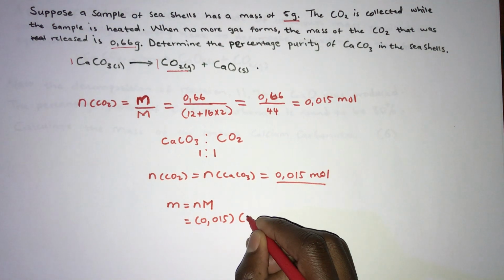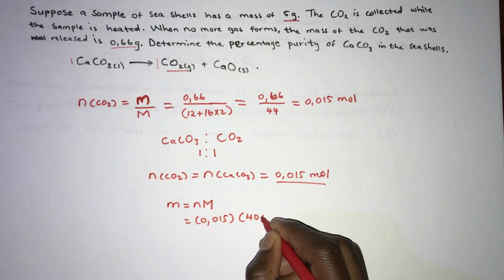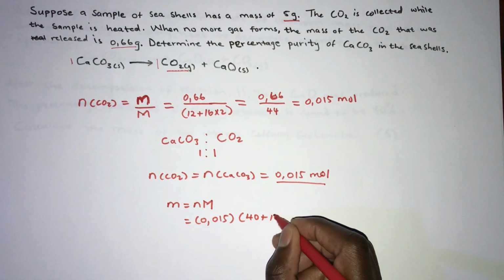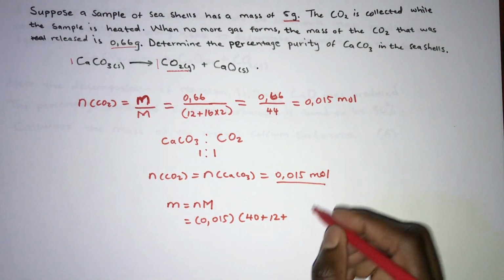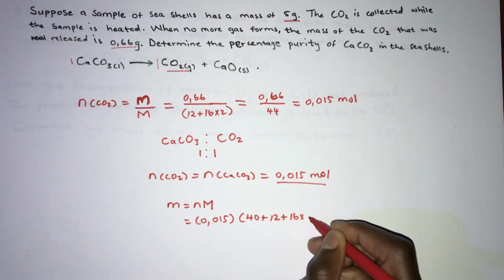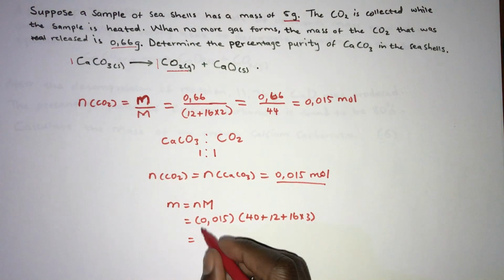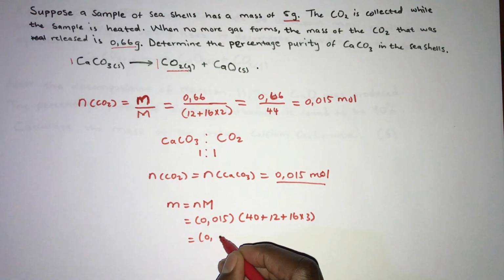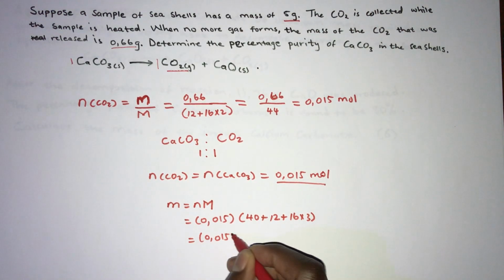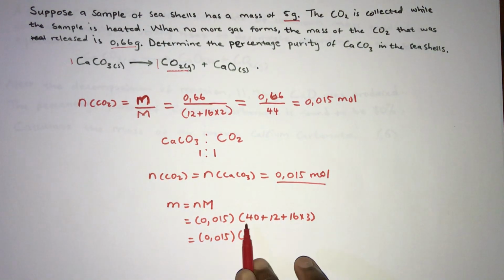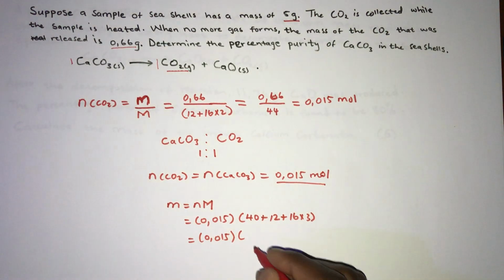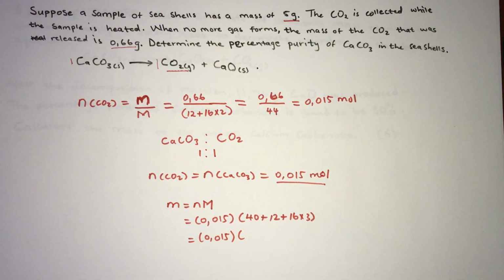Ca is 40, plus carbon is 12, plus oxygen, 16 times 3.